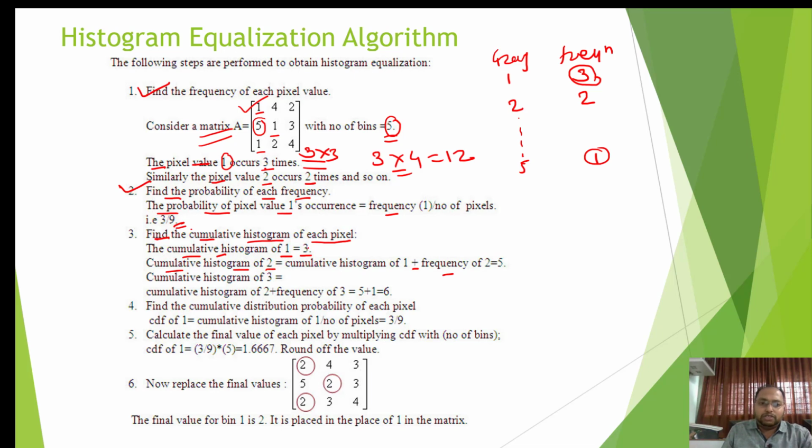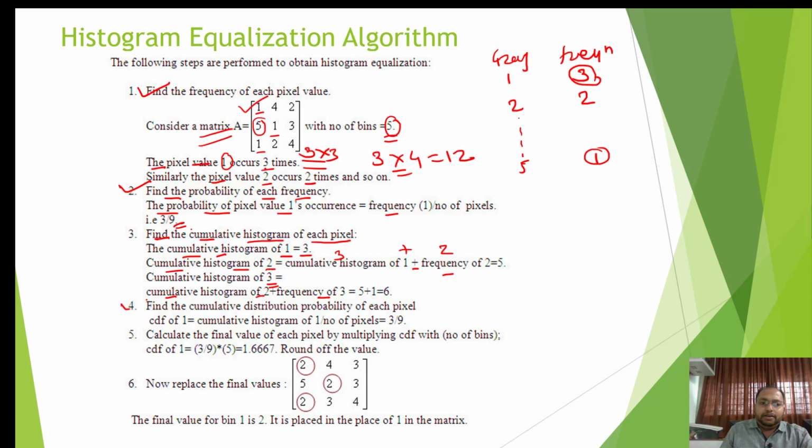The cumulative histogram of 1 was just the frequency of occurrence of 1, which was 3, and the frequency of 2 is 2. So 3 plus 2 becomes 5. Similarly, we find the cumulative histogram of 3 using the cumulative histogram of 2 and the frequency of occurrence of 3. Likewise, we find all the cumulative histograms of all the pixels.